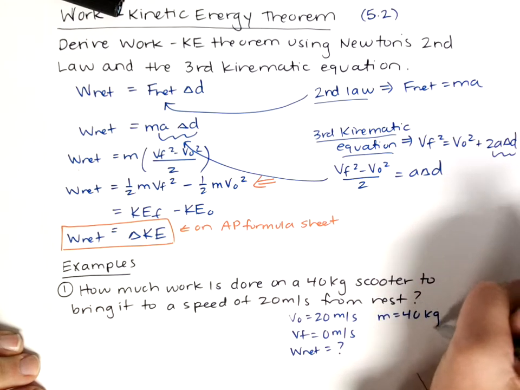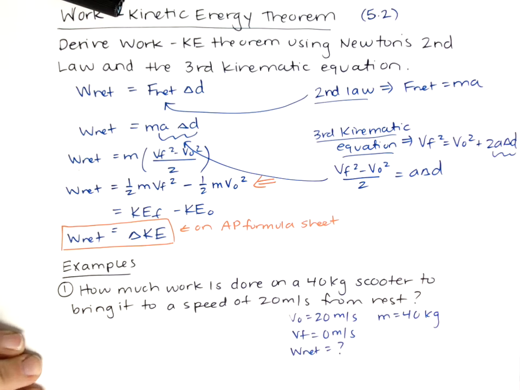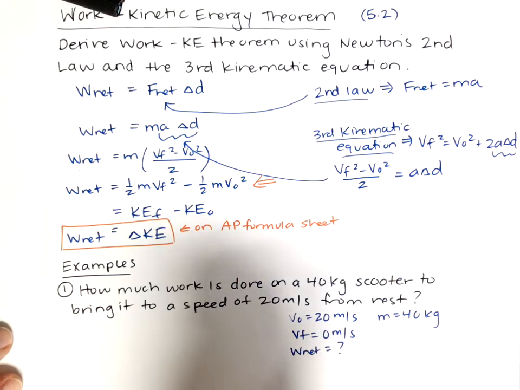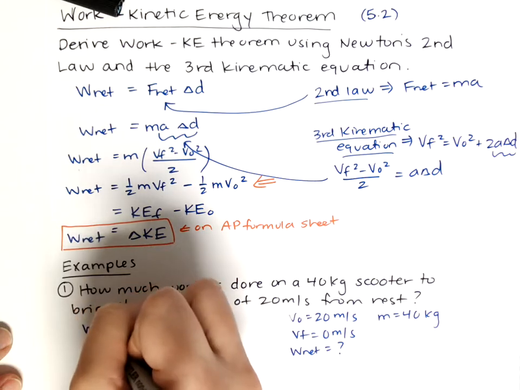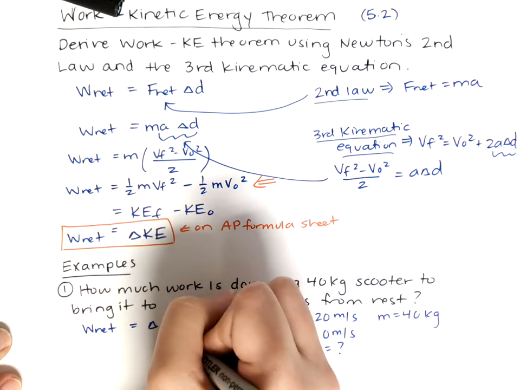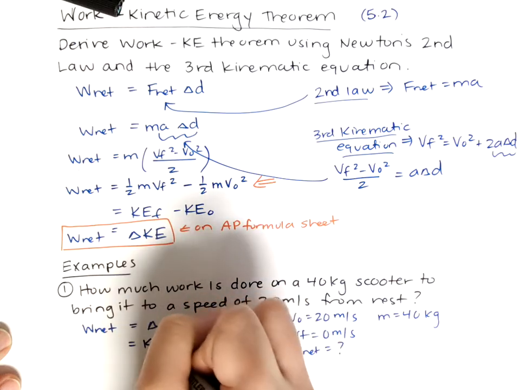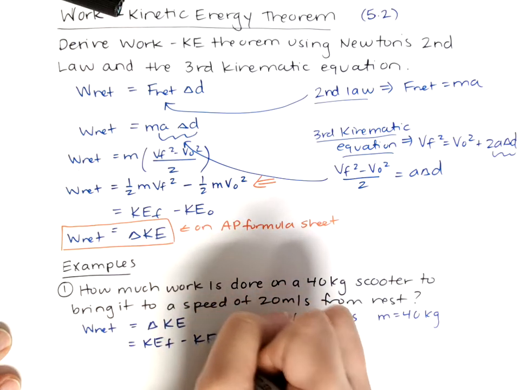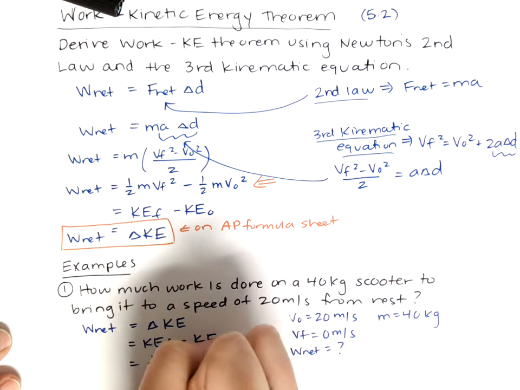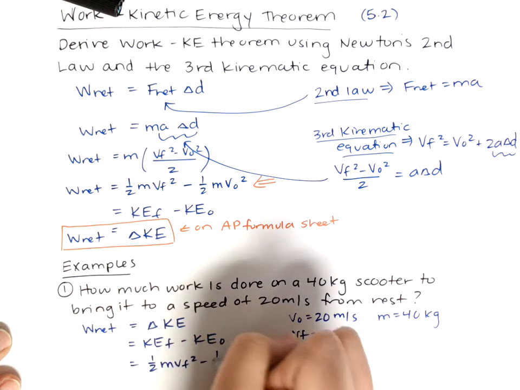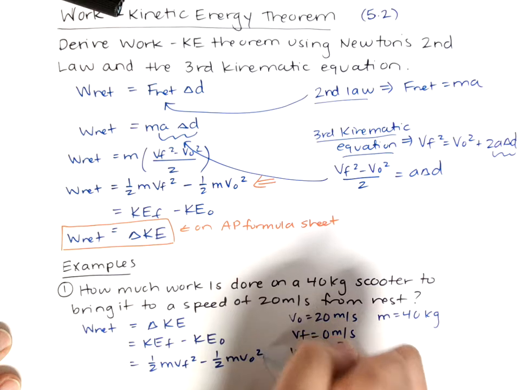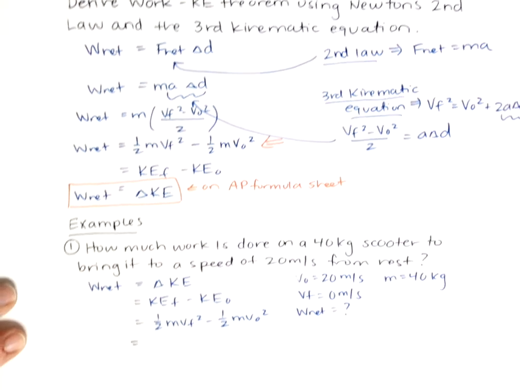So on an AP exam, you should be able to write down the givens and figure out, where can I go from here? What equation could I use from my equation bank to help me solve this? So that's where you can pick that equation that we just derived. The net work is equal to the change in kinetic energy, and you end up getting 1/2 m v final squared minus 1/2 m v initial squared. Go ahead and plug in our givens.